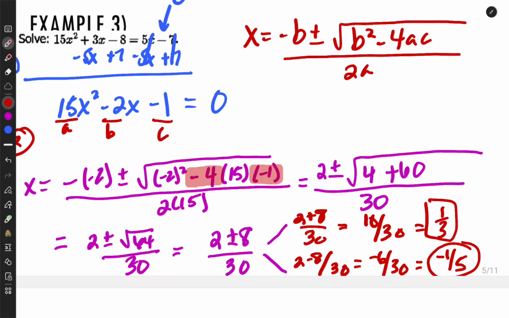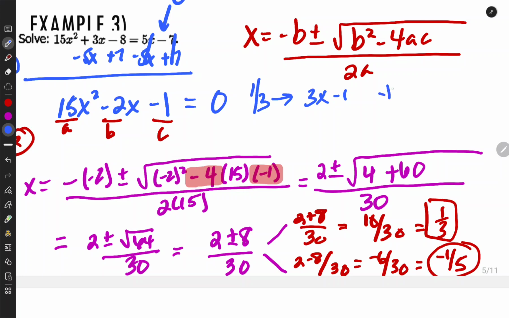Okay, this also just to remind you that if these are our x's, the factors that produce this would be, so for 1/3, it would have come from the factor of 3x minus 1, because I would have to add the 1 and divide the 3.